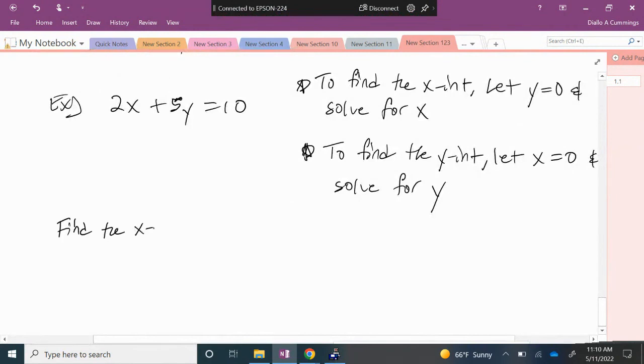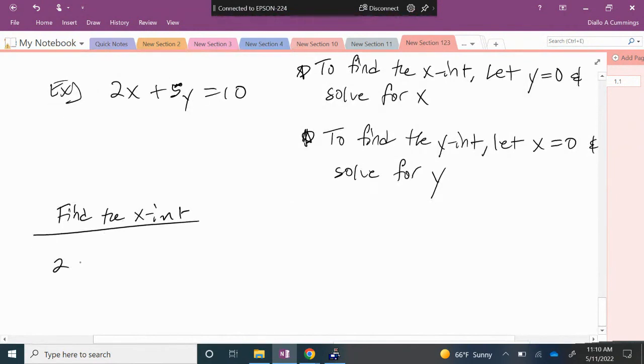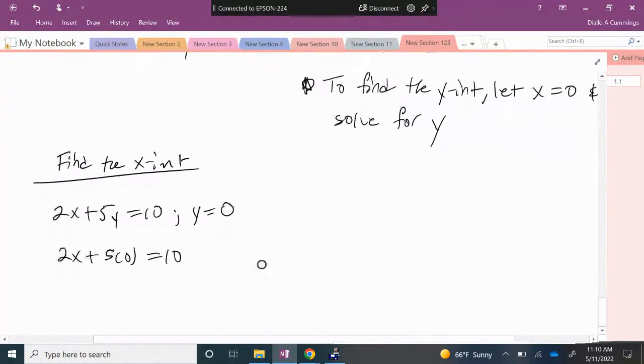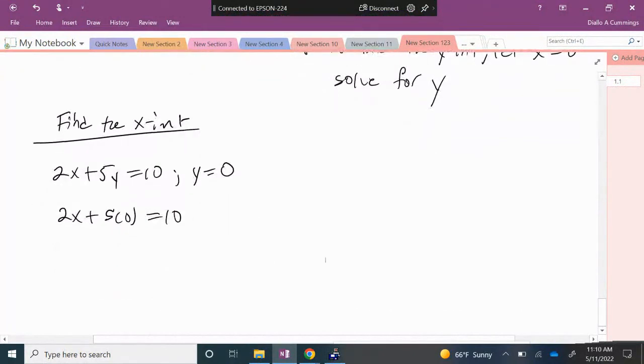So we're going to find the x-intercept first. I'm basically going to take 2x plus 5y is equal to 10, and I'm going to let y equal 0 and just solve it for x. So in the equation, wherever we see a y, we're going to substitute 0.